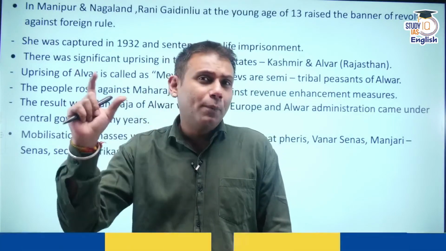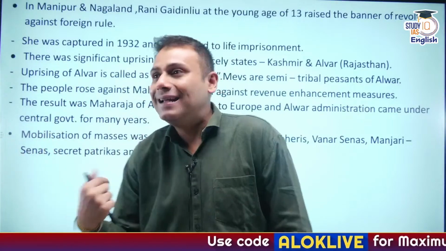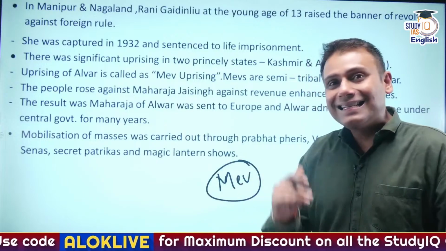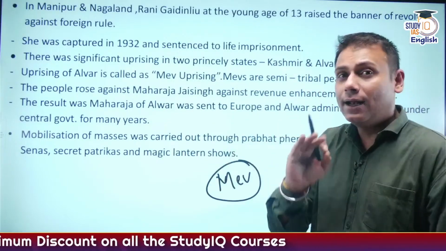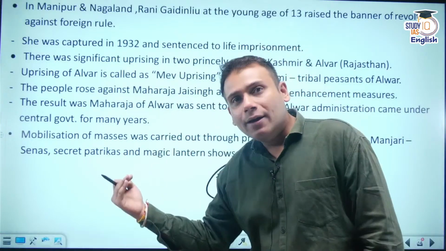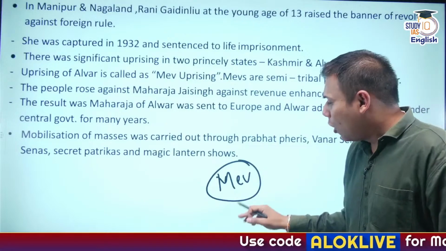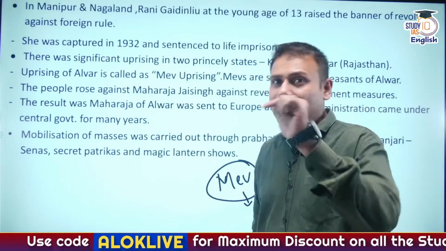The civil disobedience movement, specifically in the region of Rajasthan, was referred to as the Meo uprising. Now, why is it referred to as the Meo uprising? Because the Meos are semi-tribal peasants of this place, Rajasthan, particularly around the region of Alwar. The ruler here, Maharaja Jai Singh, imposed lots of taxes on the Meos, and he was supported in this act by the Britishers.